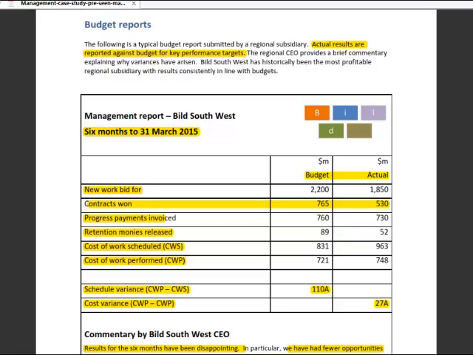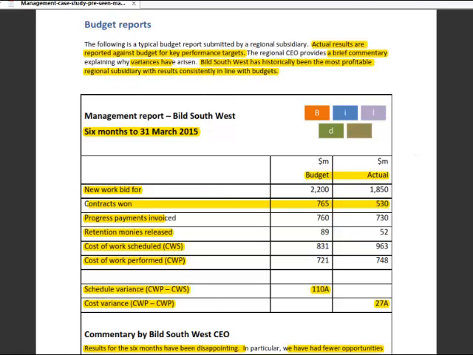So the regional CEO provides a brief commentary. Well, brief commentary after 6 months, probably insufficient, explaining why variances have arisen. What we need, first of all, perhaps maybe another column straight away to actually look at the variances.